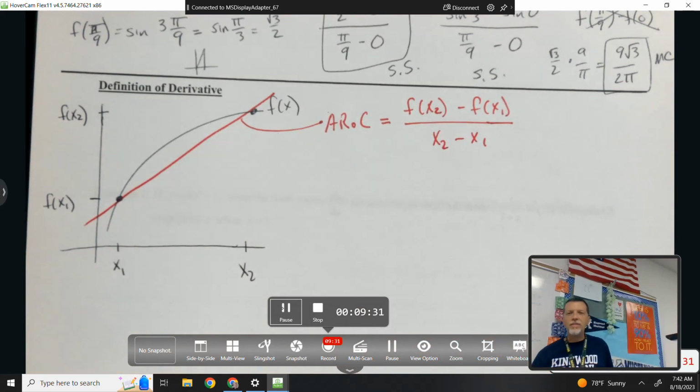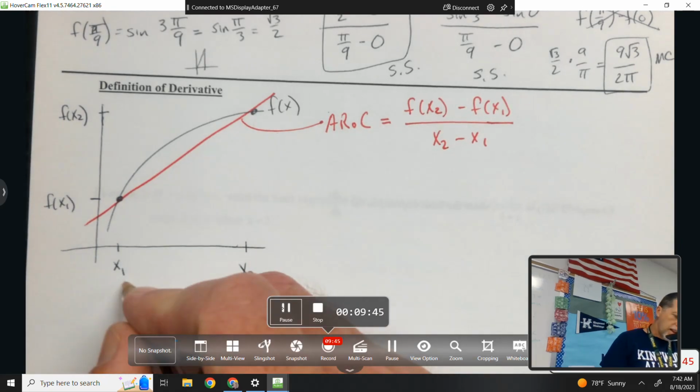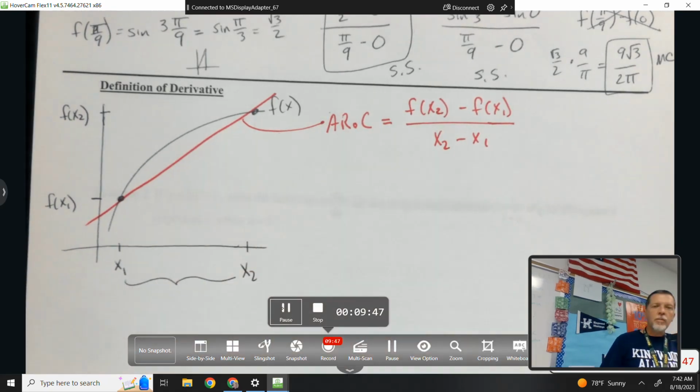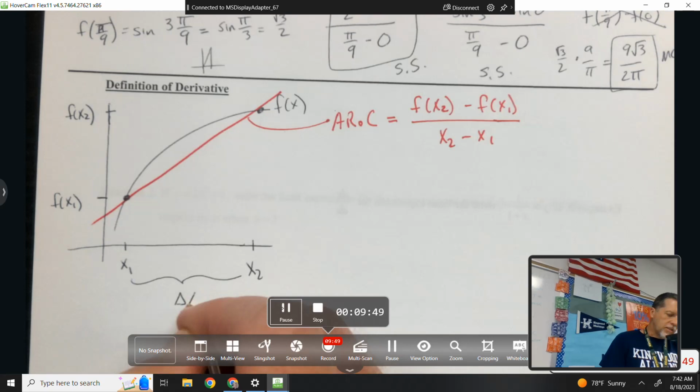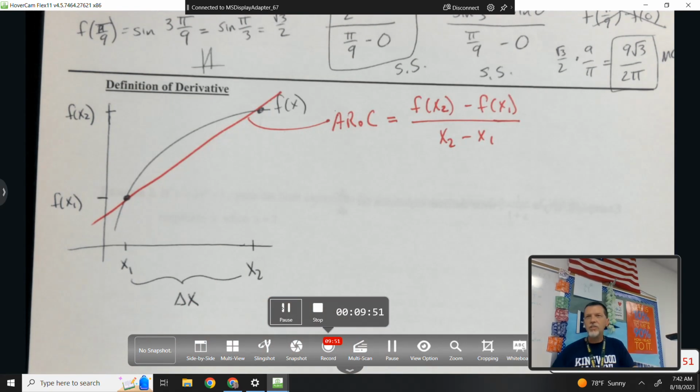That's not a derivative yet, that's just average rate of change. We're going to make some substitutions to make this look like a derivative. Let's say this distance from x1 to x2, let's just call that delta x. That's our change in x.